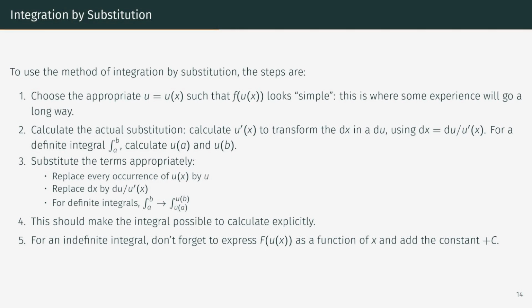This should make the integral possible to calculate explicitly. And 5. For an indefinite integral, don't forget to express F(u(x)) as a function of x and add the integration constant plus C.